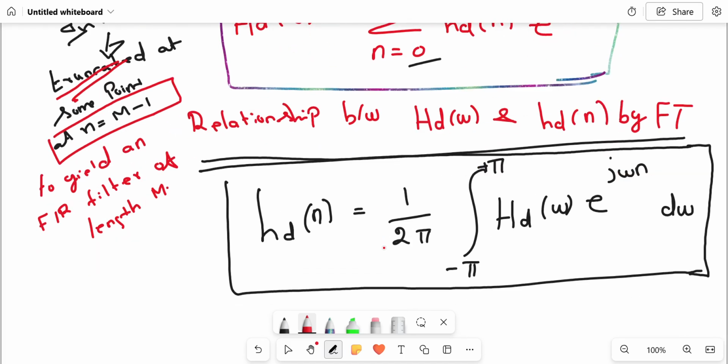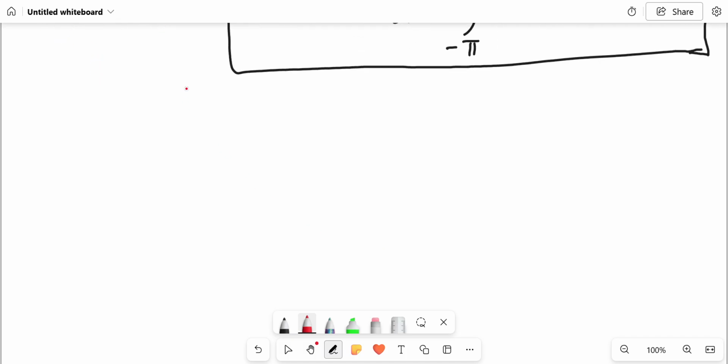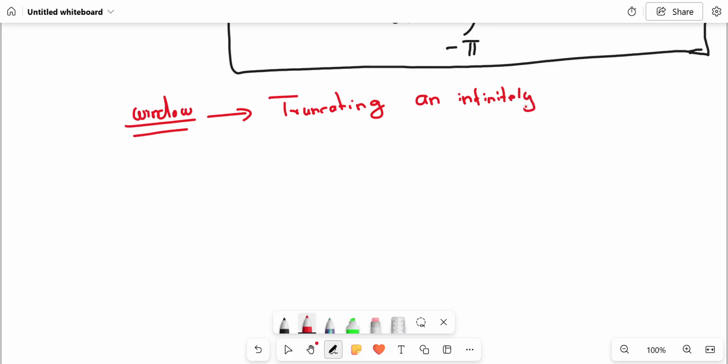This truncation, truncating the infinite duration into finite duration, is called the window technique. Now, what do you mean by window? Window means truncating an infinitely long signal to a finite length signal.